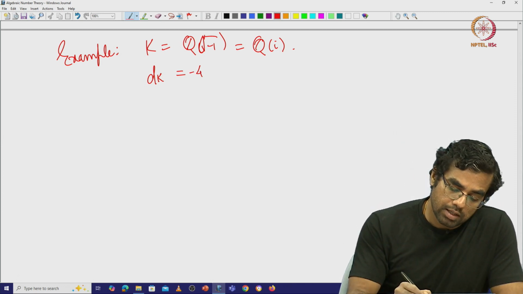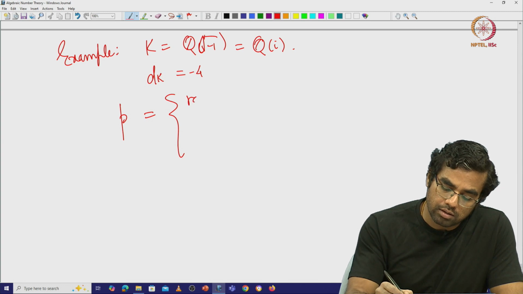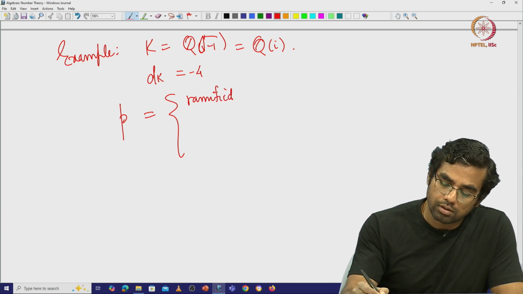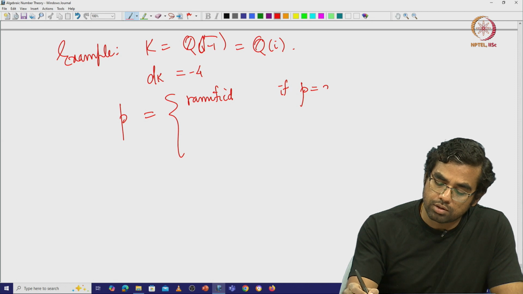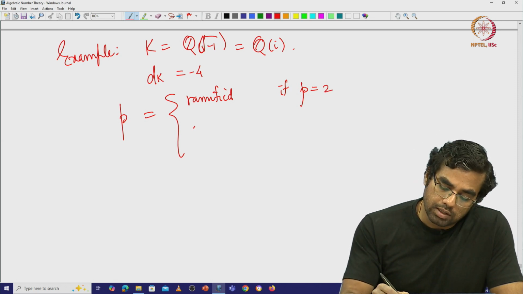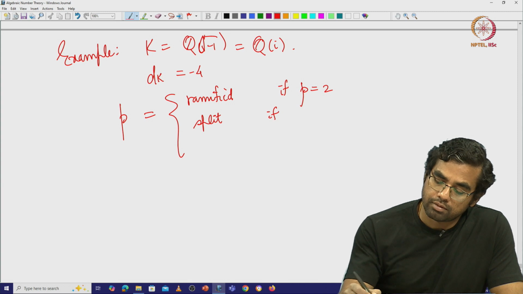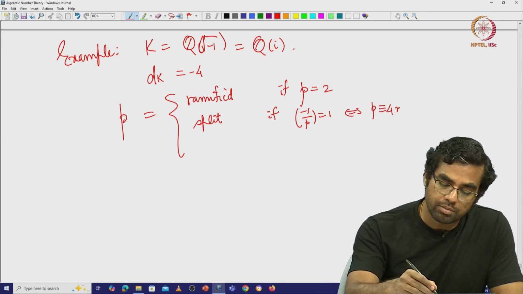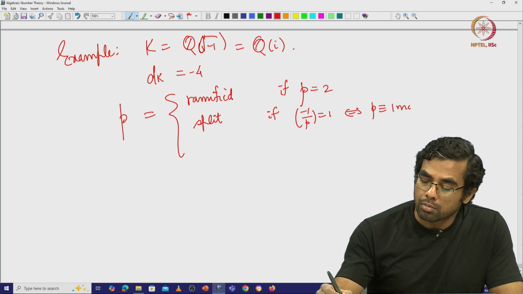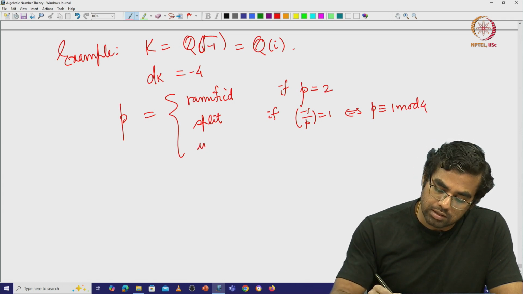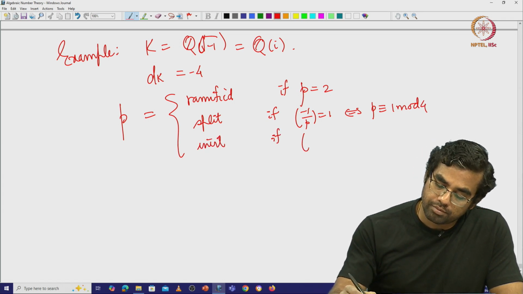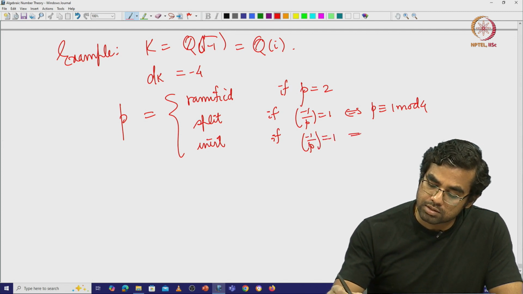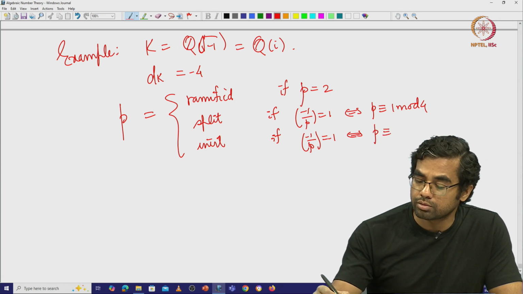And so p is ramified if p is equal to 2, and p is split if minus 1 over p is equal to 1, which is if and only if p is congruent to 1 mod 4, and this is inert if minus 1 over p is minus 1.